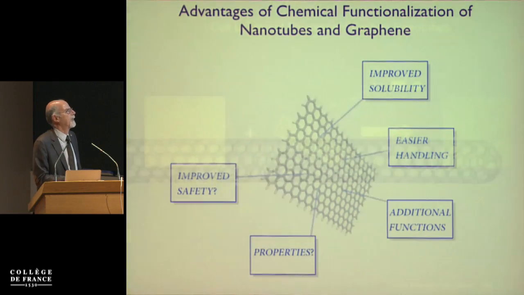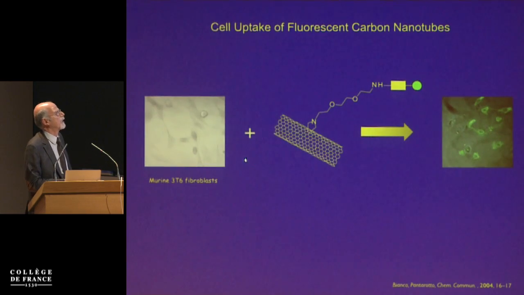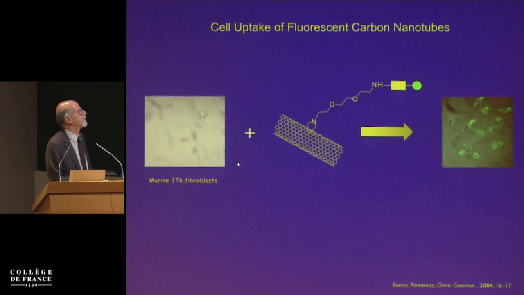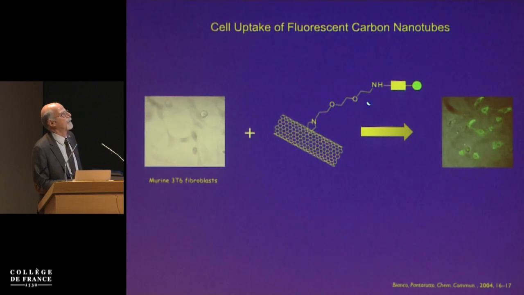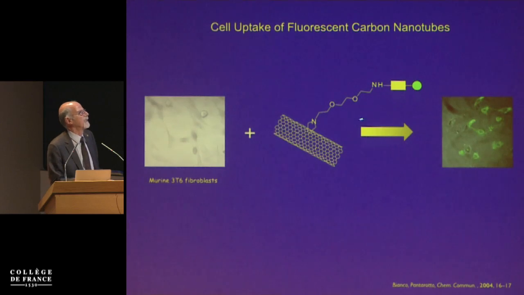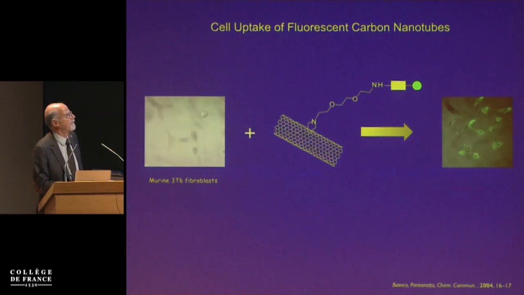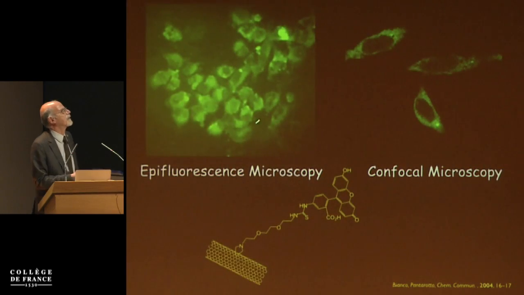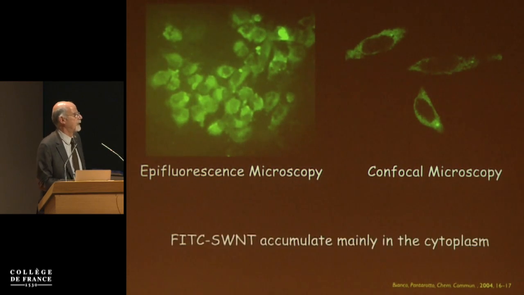For instance, when we started to work on carbon nanotubes for drug delivery, we discovered that if we label the nanotubes with a fluorescing agent like fluorescein, we can observe the nanotubes penetrating inside the cells, and we can see them in the cytoplasm of the cells by using confocal microscopy.